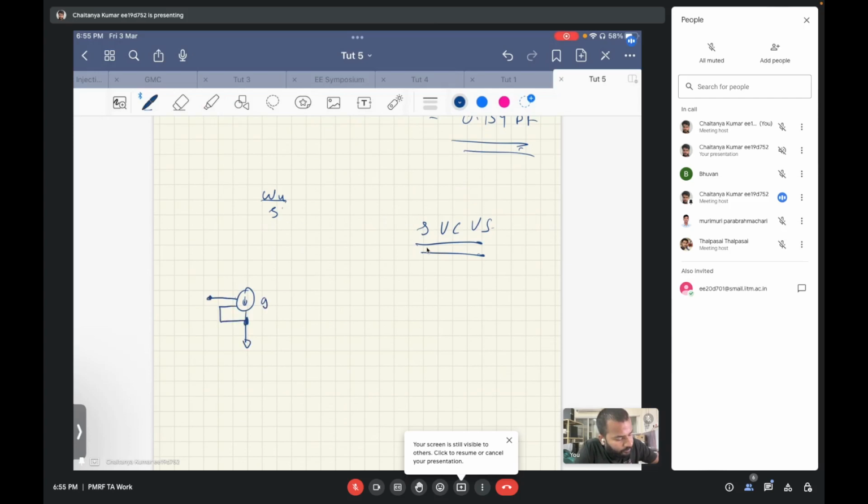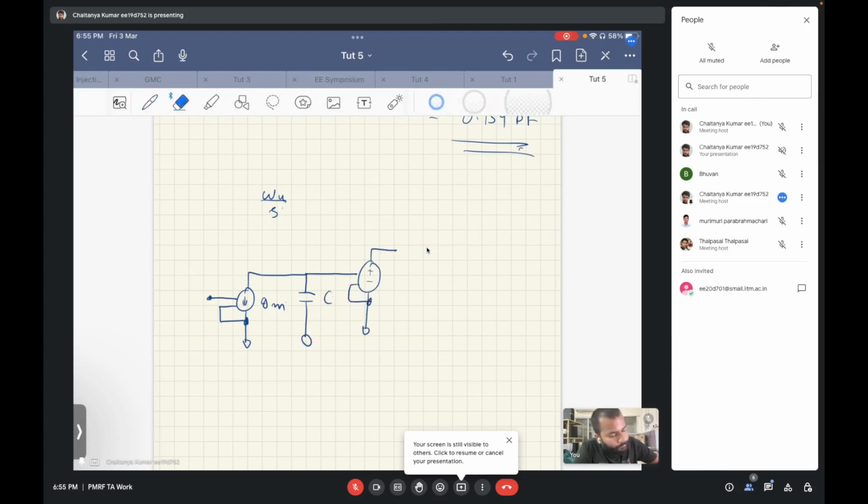So this is grounded with some GM. This goes into a capacitor with some value C, and then after that you can have a voltage controlled voltage source. If you give input over here as V in, the current flowing will be V in times GM in this direction.